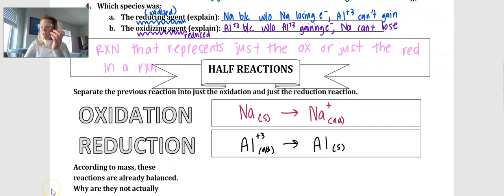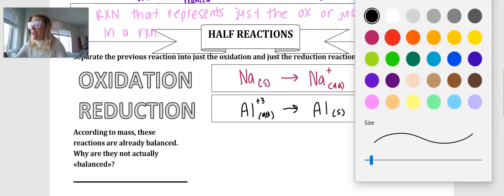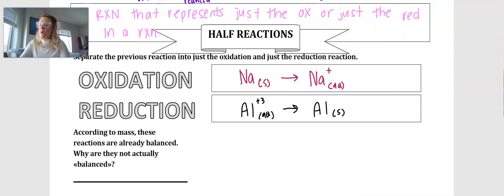And so what's the major issue that we're seeing here between these two reactions? Well, take a look at your reactant side. For sodium, we have a 0, and for aluminum, we have a +3. And for our product side, we have a +1 and we have a 0.